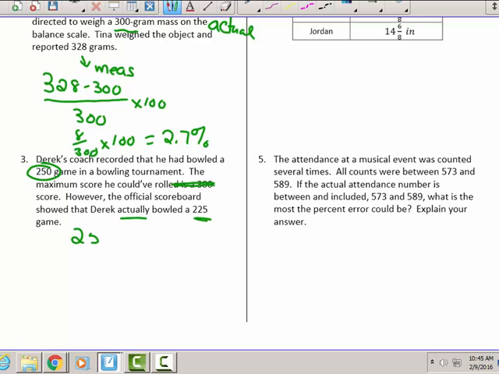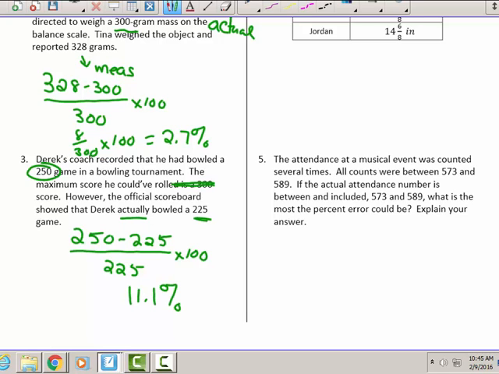So we're going to do 250 minus 225 divided by 225 times 100. Right, because down here is always the actual value. So 250 minus 225 divided by 225 is going to give me 11.1%.